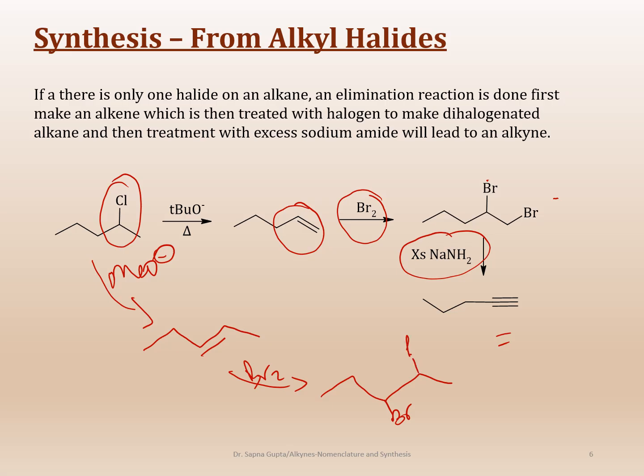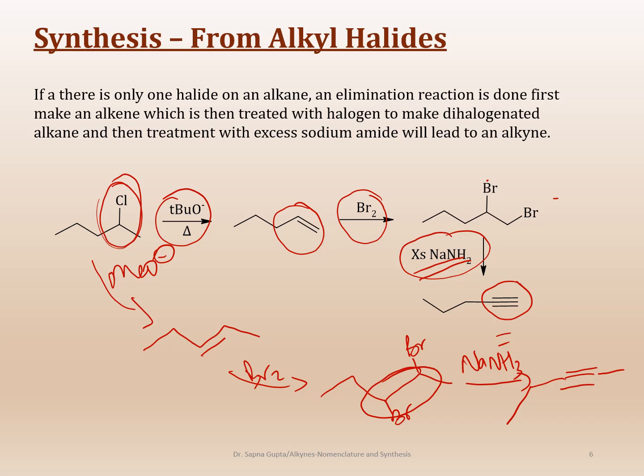Once I get this, when I do the last part, where sodium amide does the elimination, I'm going to get an internal alkyne. Okay, so one carbon on one side and then two carbons on the other side. So it depends on what kind of base you use, especially if you have a secondary halide like this one. I went ahead and made a terminal alkyne, but you can see how you can actually make an internal alkyne also.